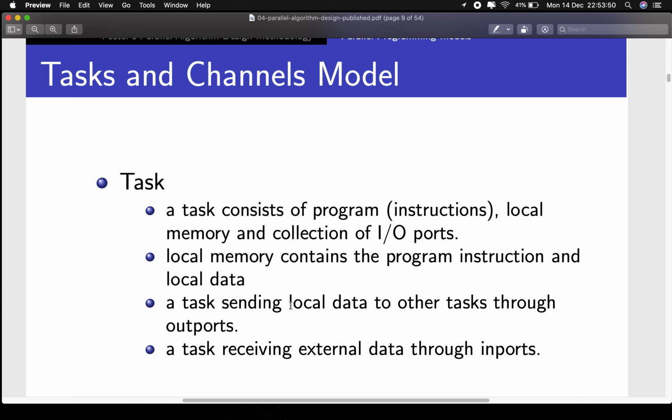From your local data, you will transmit to your output port. Or let's say you want to eject your CD-ROM. That's why you do the task through output. A task also receives external data through its input. This is quite similar to the example in point 1.